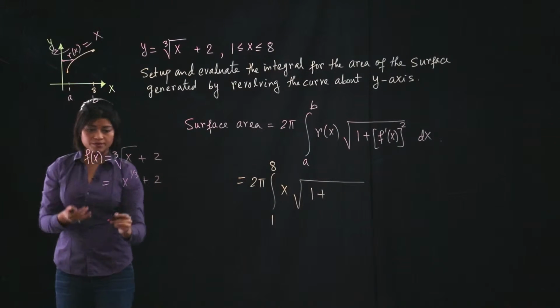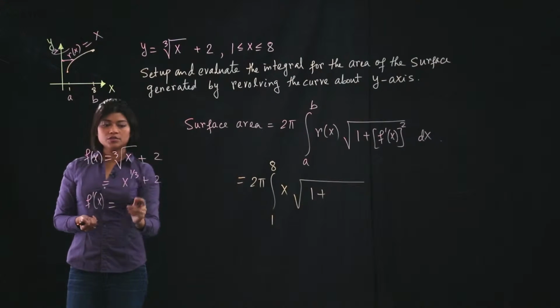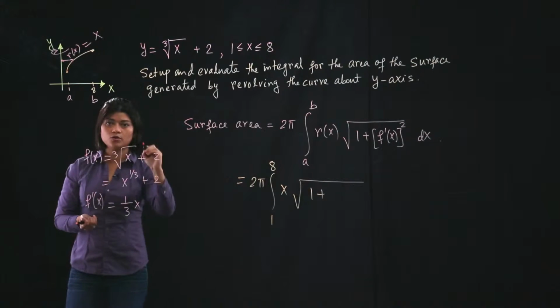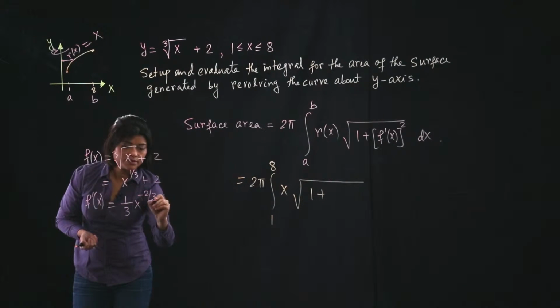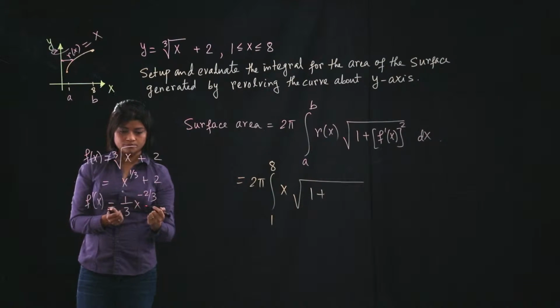Now we have to take the derivative of this function. The first derivative is, just use the power rule, 1/3 x to the power 1/3 minus 1, so negative 2/3. And the 2 just goes away because the derivative is 0.